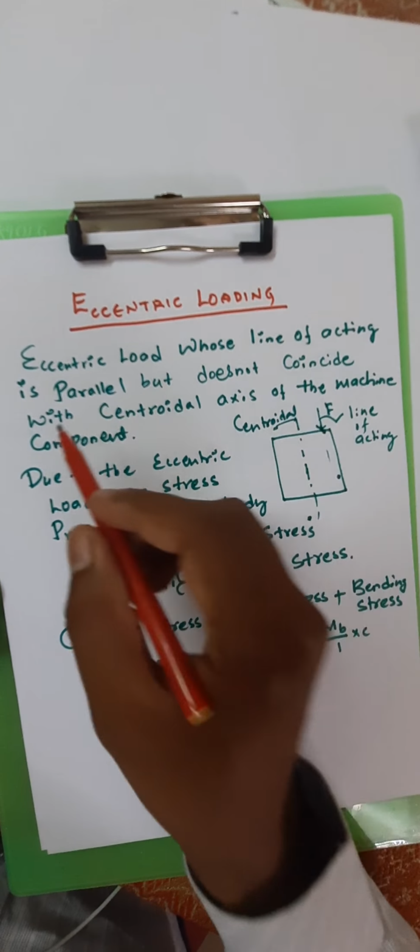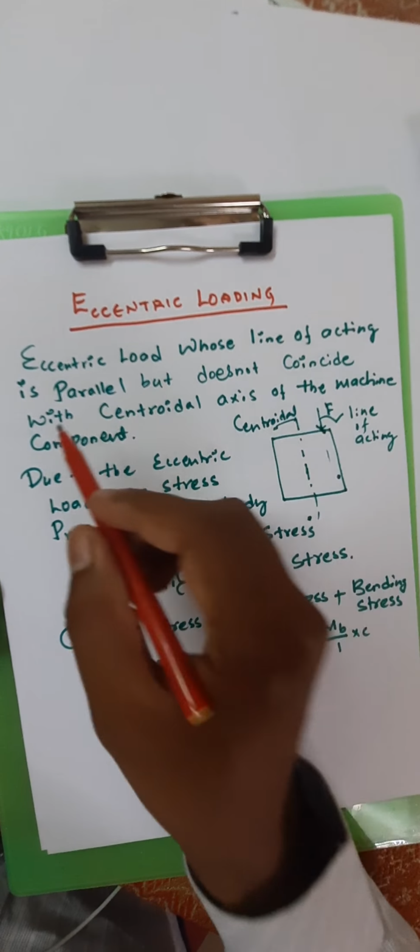This is the line of action, which is parallel but does not coincide with the centroidal axis of this machine component. For that we call it an eccentric loading.